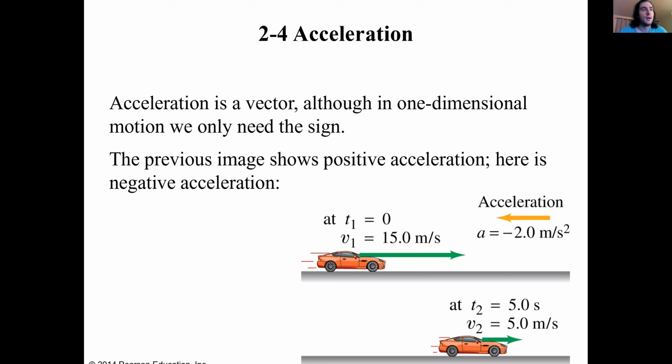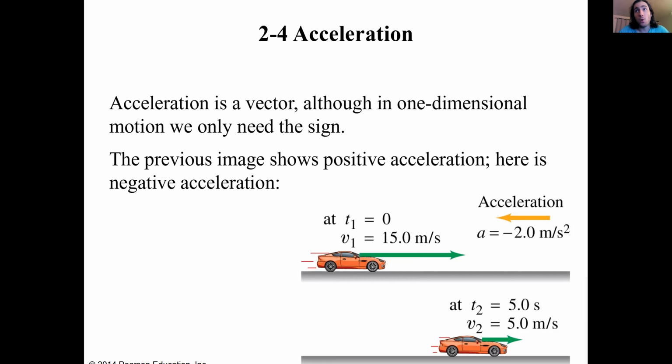And we're going to add that to the velocity. So in other words, we're going to subtract 10, right? And so after 5 seconds, we have a velocity of 5 meters per second, okay? So run through those numbers yourself, actually write them down just to get in the habit of writing it down and calculating that. That's a nice little example there.